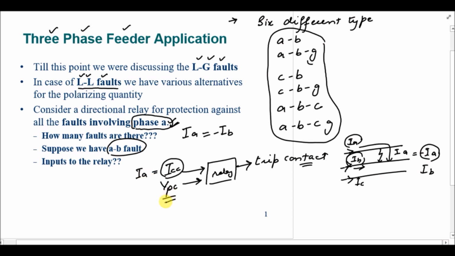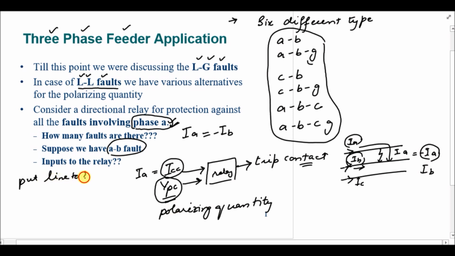And now we have to decide the potential coil voltage, which is the polarizing quantity. And we already know that we have to put line to line voltage in place of the polarizing quantity.